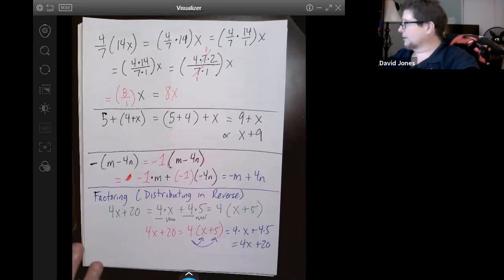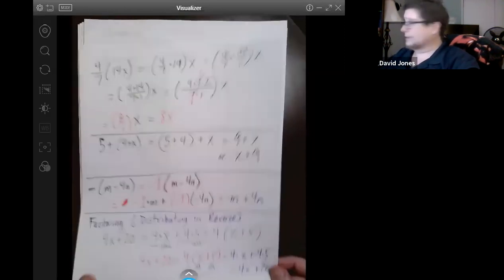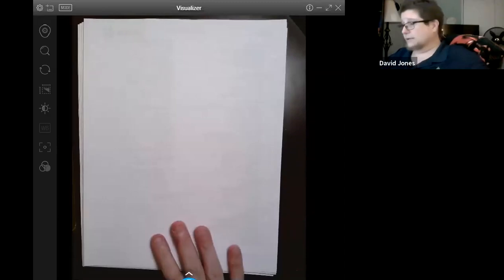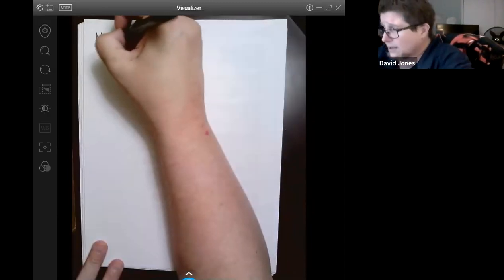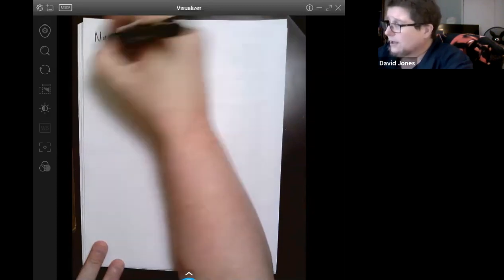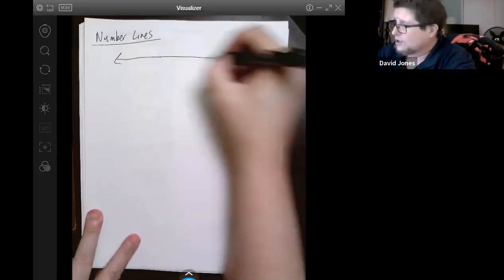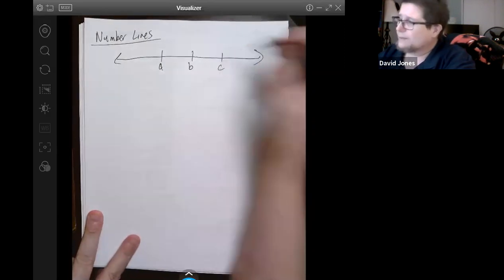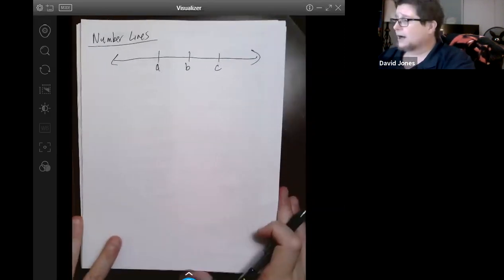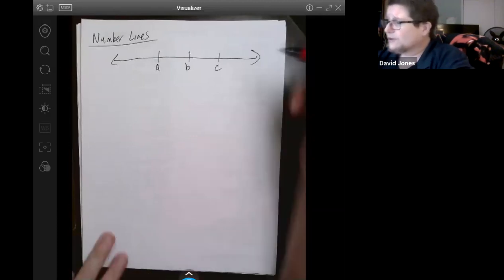Let's take a look at number lines real quick. Only a little bit more. Number lines. We mentioned them earlier. So if I've got 3 numbers on there, and without putting what their values are, A, B, and C, higher or greater values are to the right.